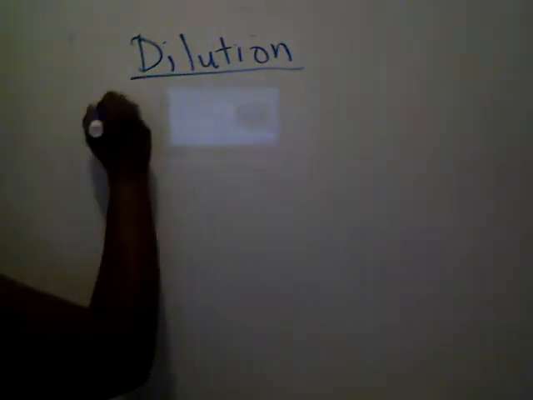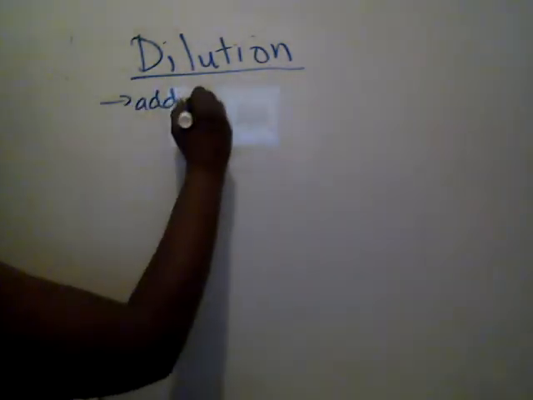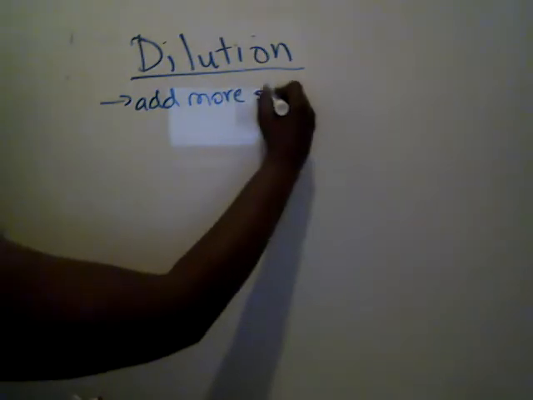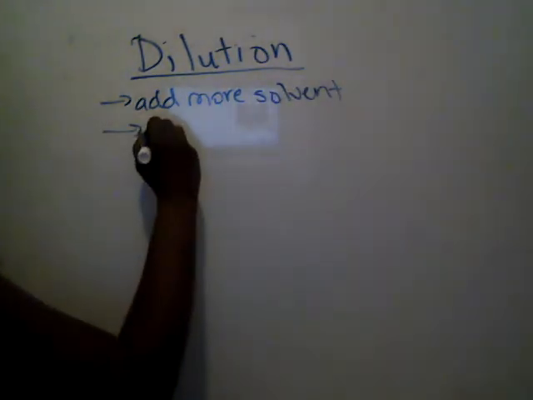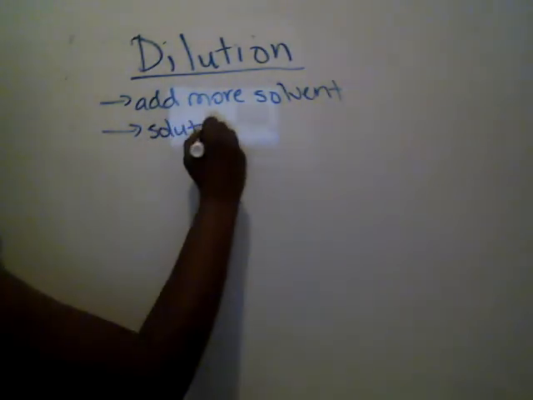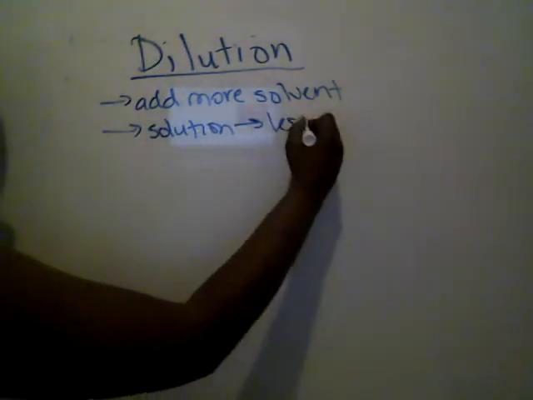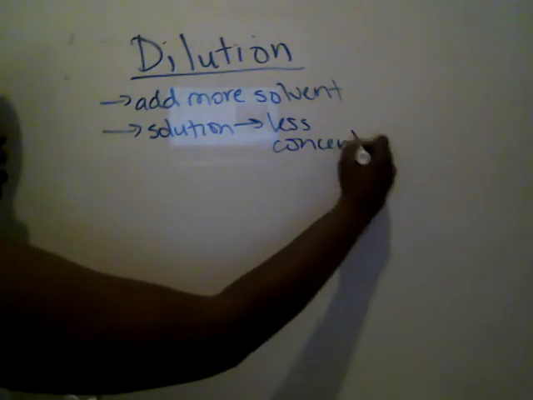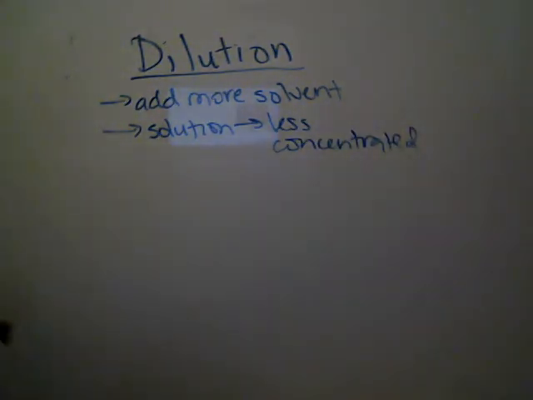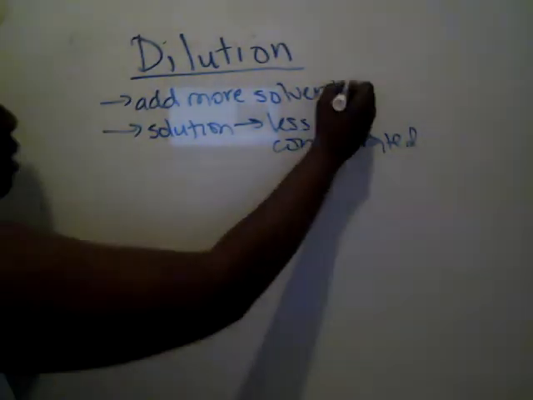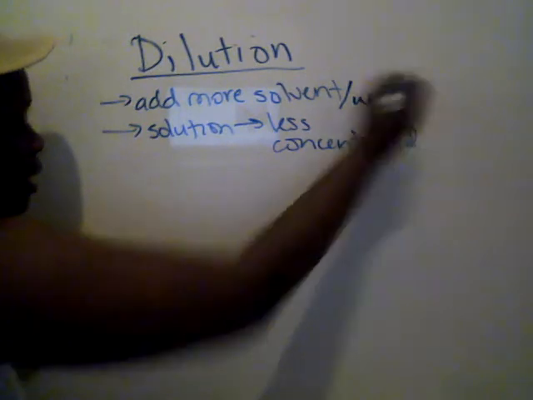So dilution just means we want to add more solvent. And the reason why we want to add more solvent is we want to make the solution less concentrated. Okay? Now there's a calculation that we can use to figure out exactly how much solvent or water that we need to add to make something more dilute. Okay? And it looks like this.